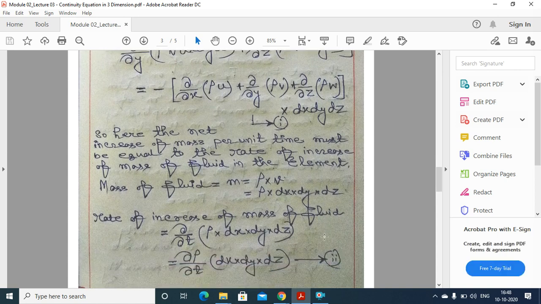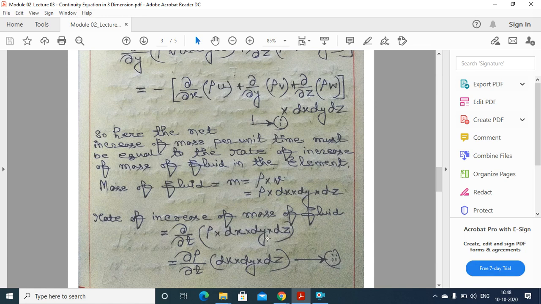Now the rate of increase of mass of the fluid per unit time will be del t into rho into dx into dy into dz, because this is the total mass of the liquid, and here we are going to determine the rate of increase of mass of fluid per second.